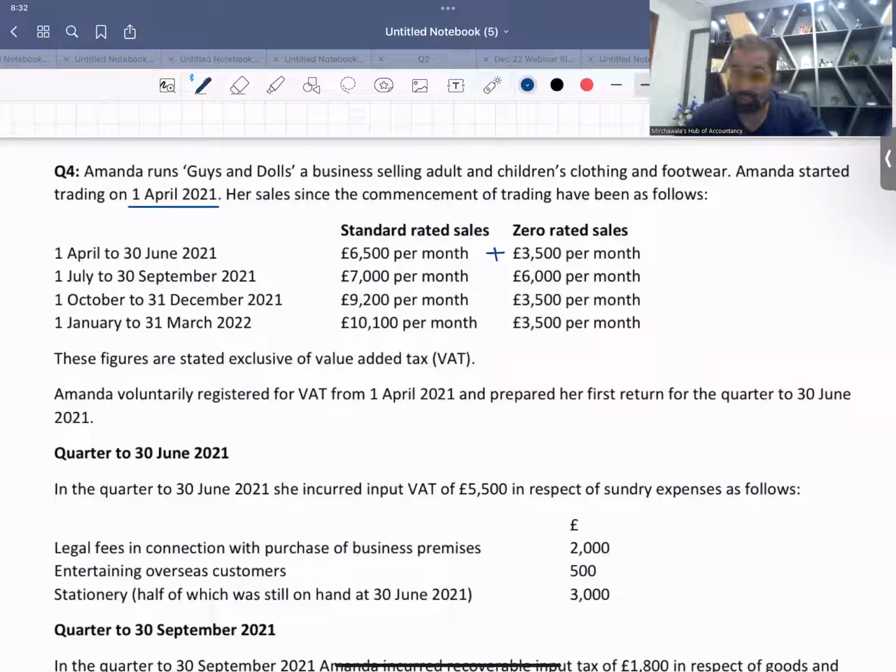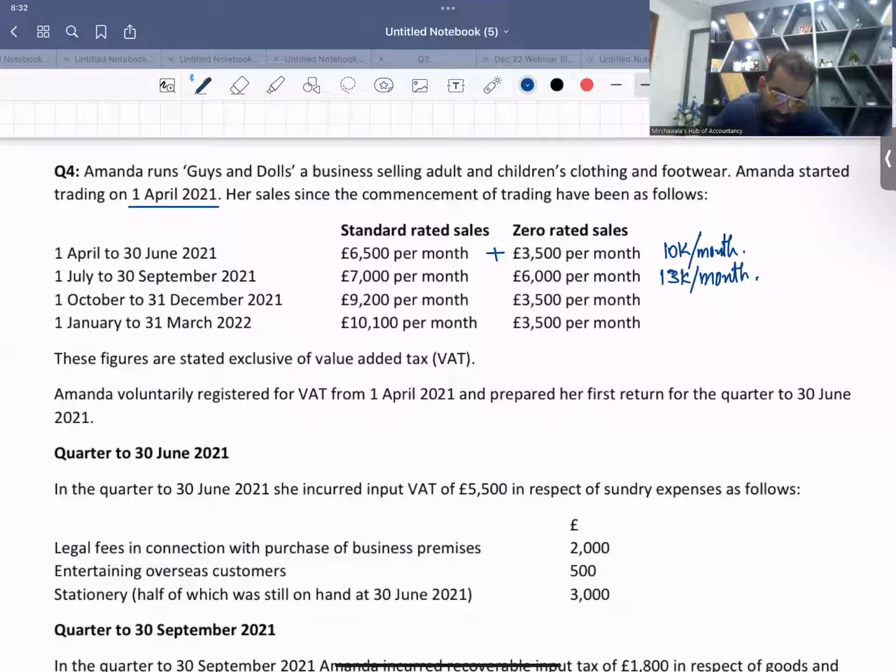So if you add these two, you will get 10K per month. Now from 1st July to 30th September, 7,000 is standard rated and 6,000 is zero rated. So 7 plus 6 is 13.